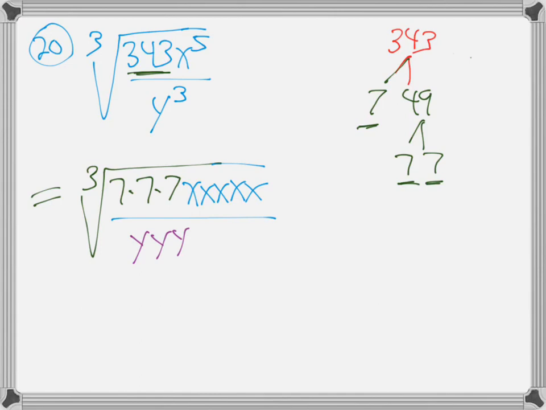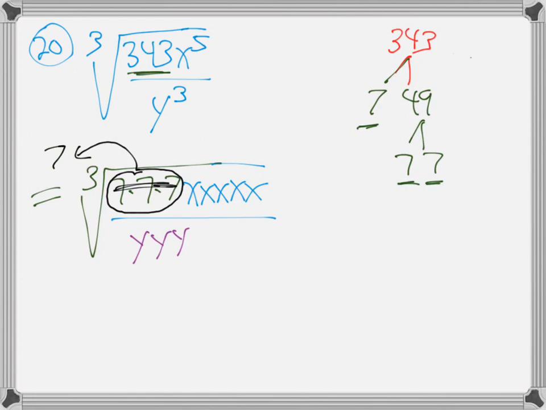Okay. So now, what is that going to equal? Well, let's do this. Whatever comes out, let's see, 3 7s. Out comes 1 7 on the top, and they're gone, right?